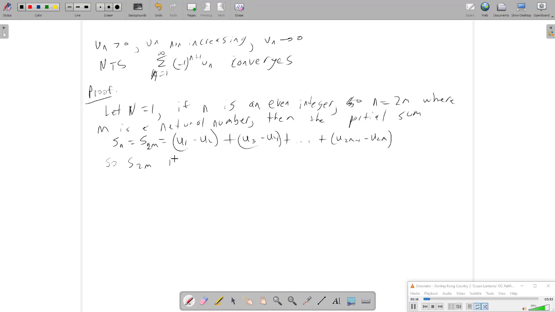So s sub 2m is the sum of m, because I'm collecting them in twos, non-negative terms, so s sub 2m plus 2, the next even term, is greater than or equal to s sub 2m, because we just added another non-negative term, and the sequence is non-decreasing.